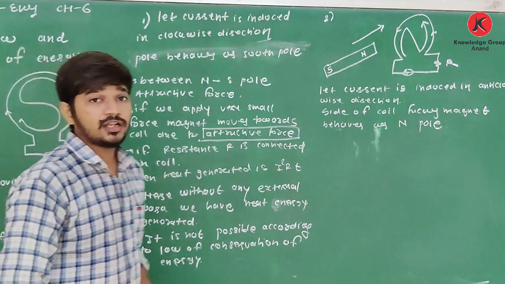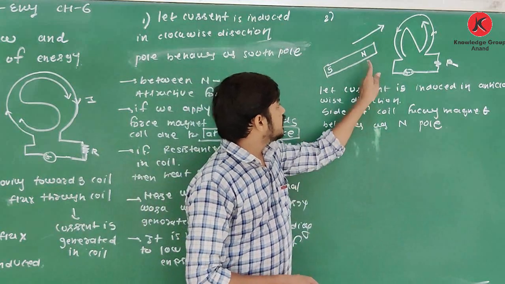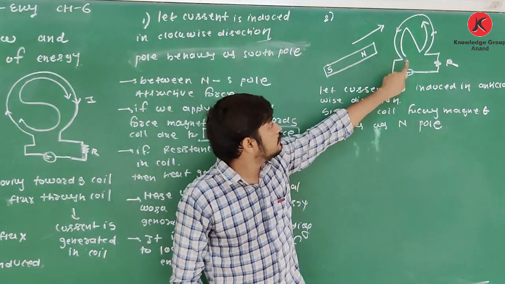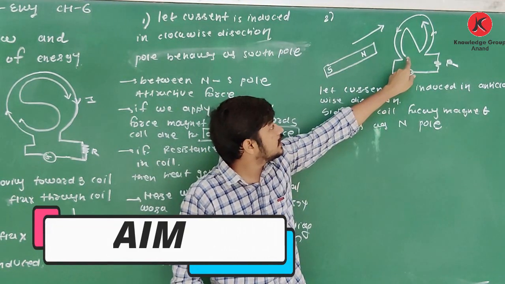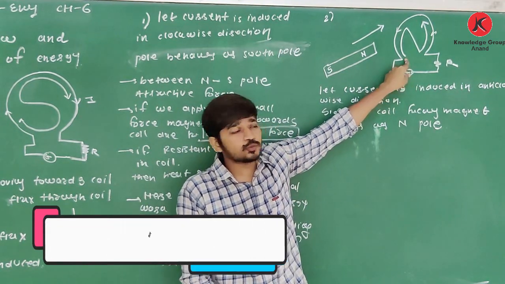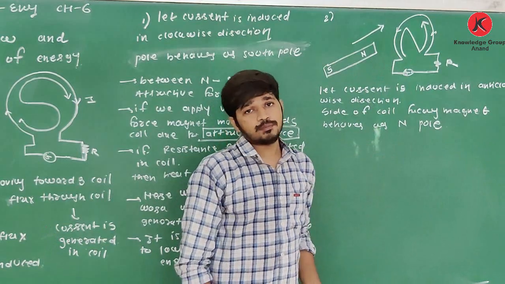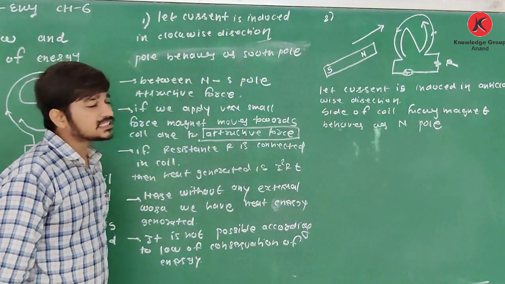Now think about this. If the magnetic field produced in this coil is such that it also behaves as a north pole, then between two north poles there is a repulsive force.